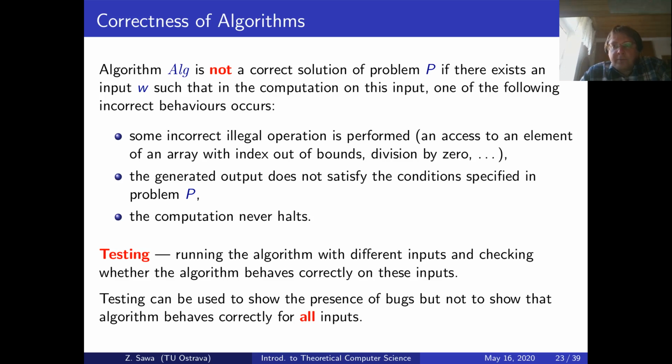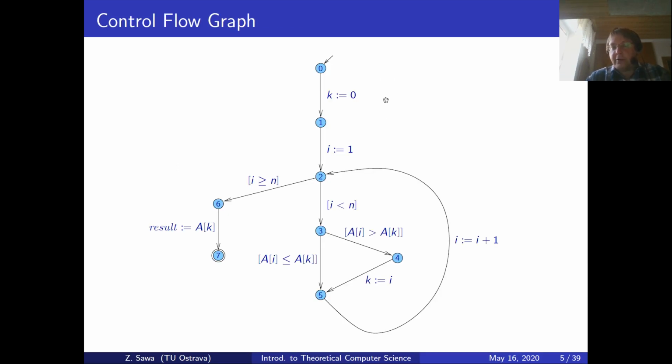Typically, when we have some algorithm, quite often it is equipped with some kind of proof of correctness. In practice, it's typically not the case for such simple algorithms as the one we have here, for computing the maximal value in an array.